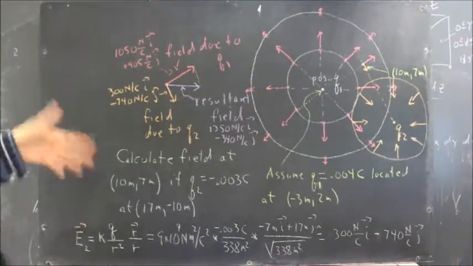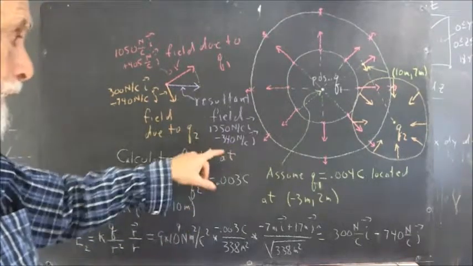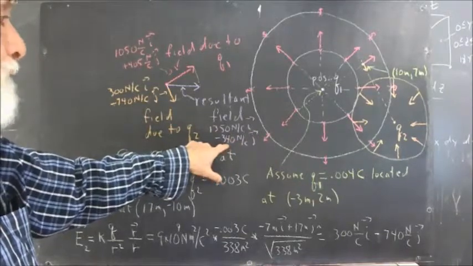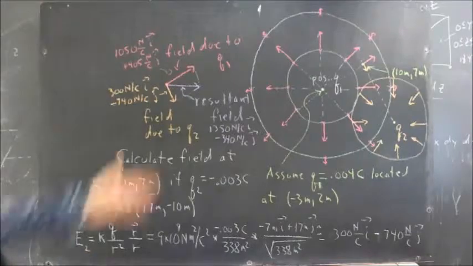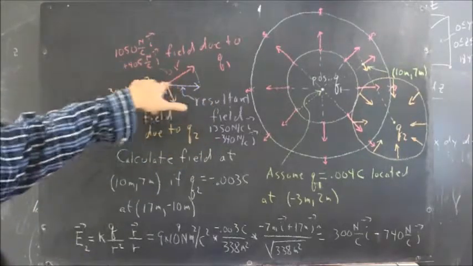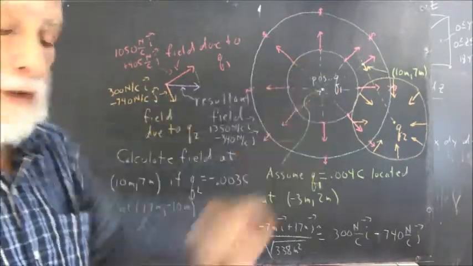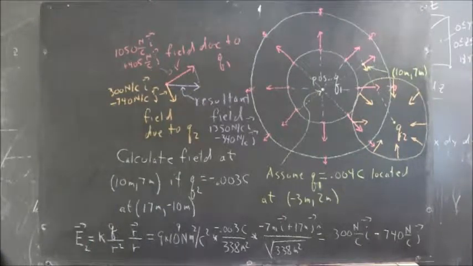We'll round that off to negative 340. It's actually negative 335. But negative 340 newtons per coulomb times J. So adding these two fields gives us this resultant, and now we have the electric field at that point.